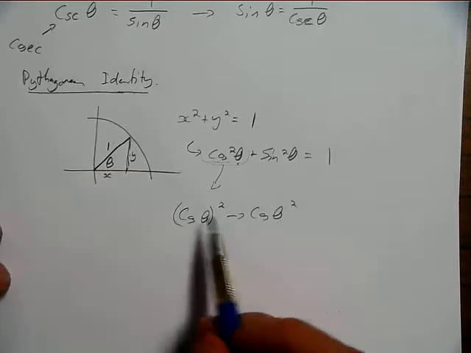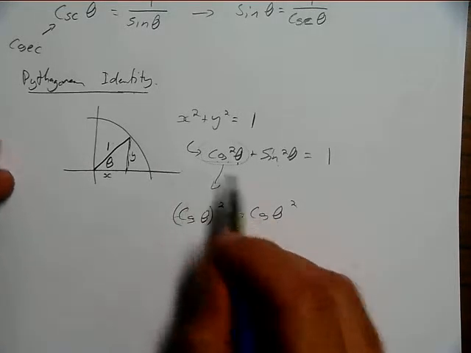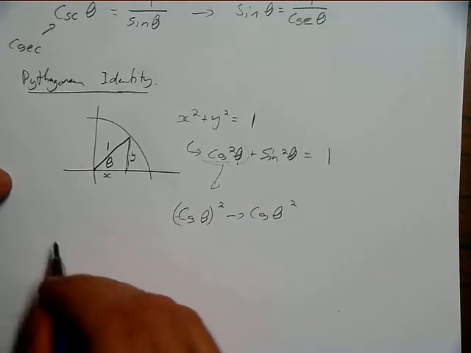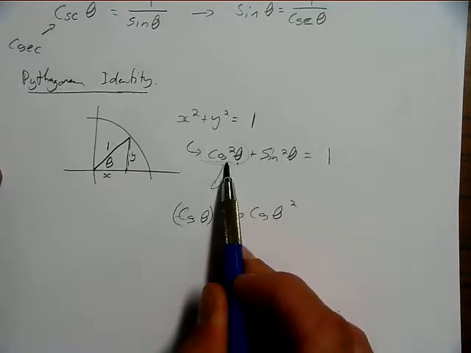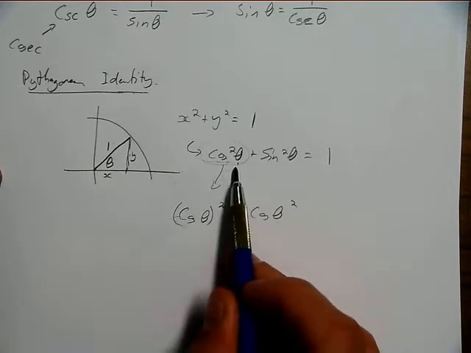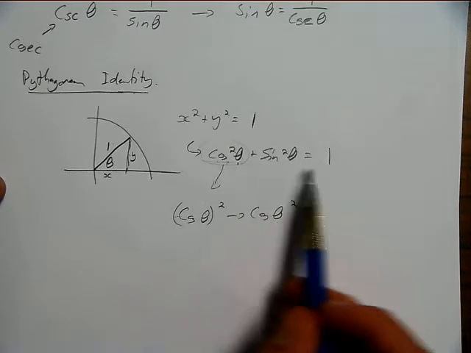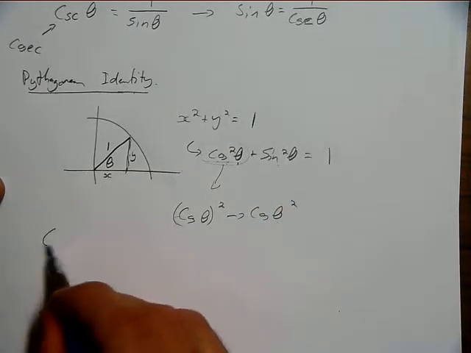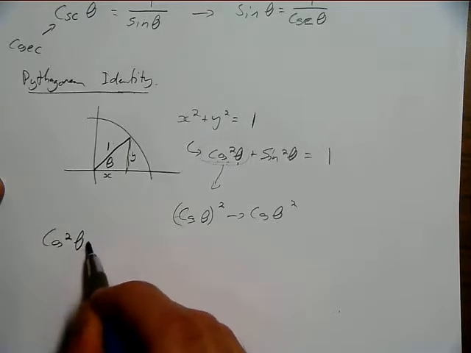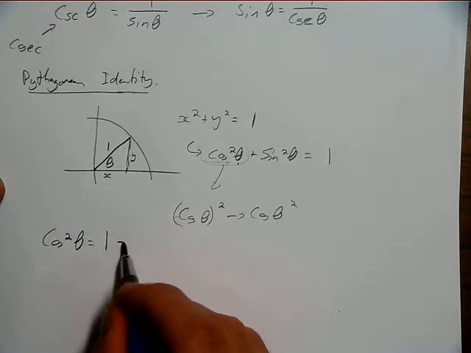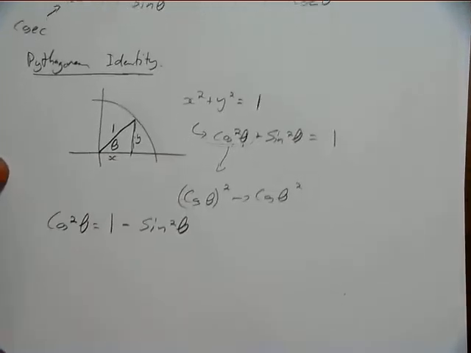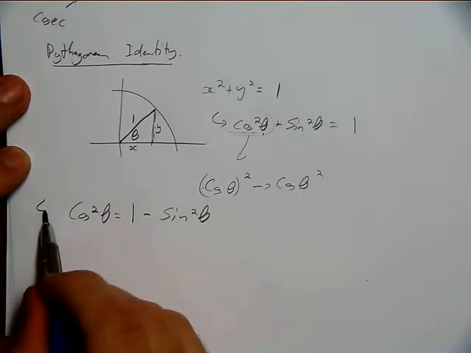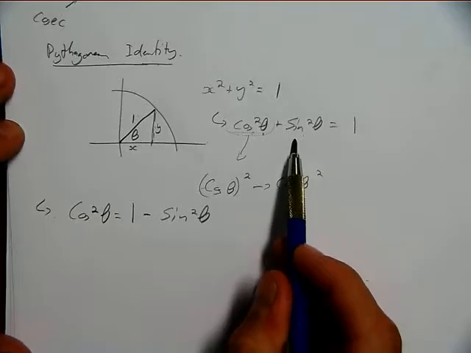Okay, now there's a few from our Pythagorean identity. Looking here, this is an equation, so we can rearrange it and say cos squared theta is going to be 1 minus sine squared theta. Okay? Because all I've done is taken sine squared theta away from here.